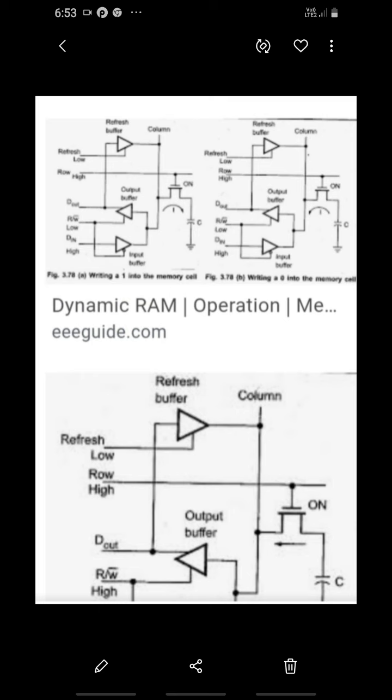And now dynamic RAM. RAM means random access memory. It stores the data as a charge on the capacitor, as shown in the dynamic RAM cell in the above PPT. A dynamic RAM contains thousands of such memory cells.